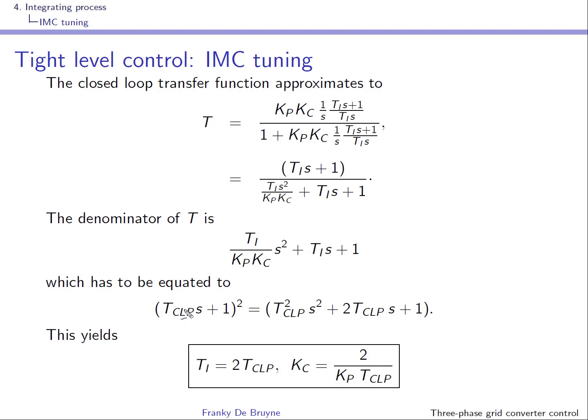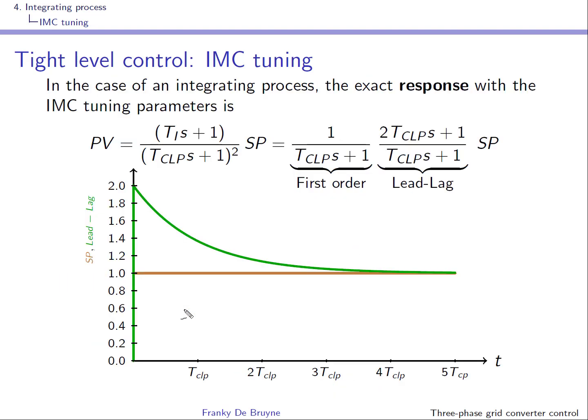So indeed we see that the response is given by this quantity over here. And you see that with IMC tuning, the integrating time constant is 2 times TCLP. If you plug that in here, you can see the response, so that you can split in a lead lag part and a first order part.